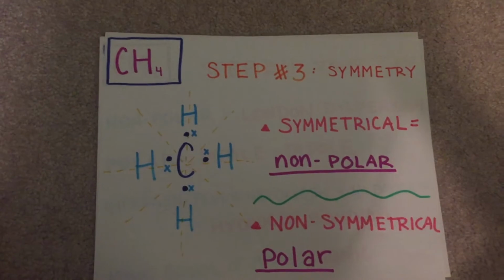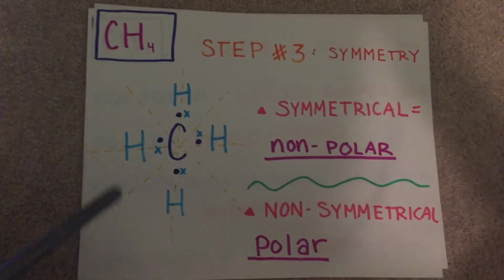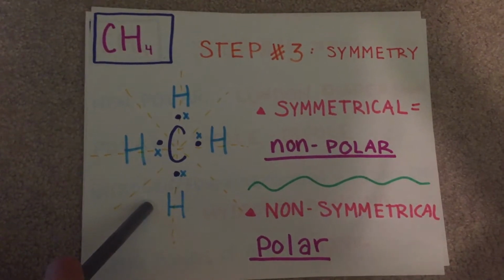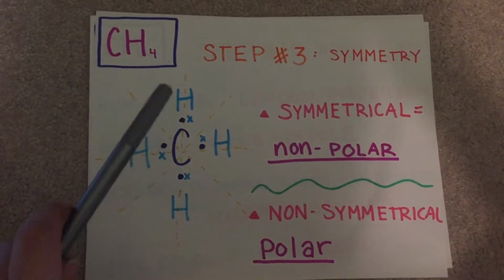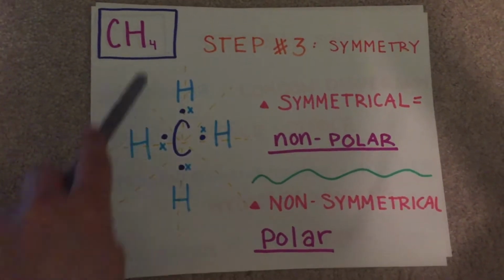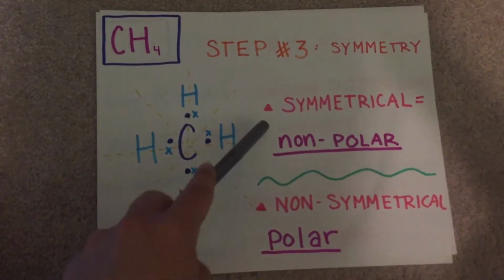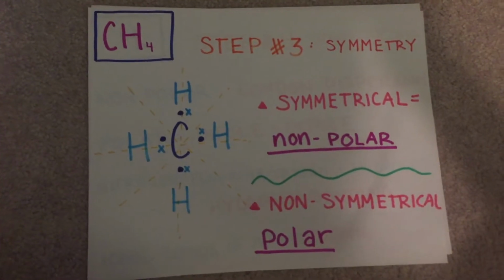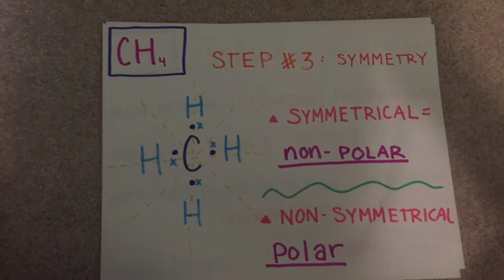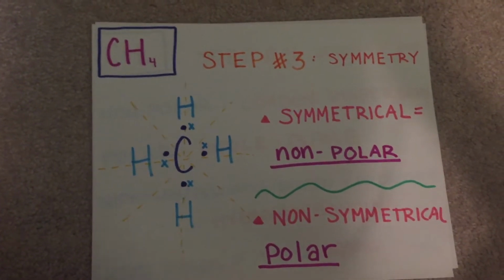To determine symmetry, we're going to be looking at our Lewis dot structure again. These yellow lines represent the many ways you can cut this atom in half. You'll have to visualize this in your head to decide whether or not it is the same on both sides.